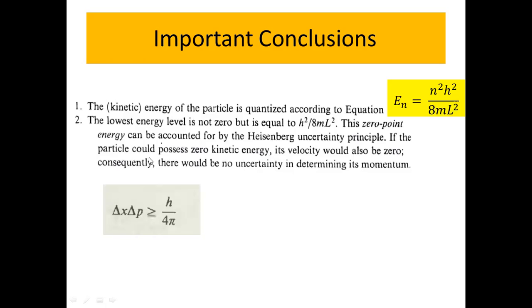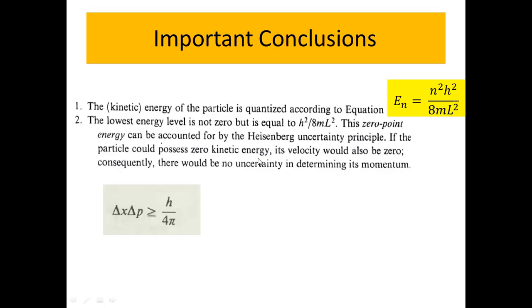Let's suppose the particle possesses zero kinetic energy. Then the velocity should also be zero because the particle is not moving. Kinetic energy is half m v square, and when the kinetic energy is zero, then the velocity would also be zero, and consequently there would be no uncertainty in determining its momentum, because momentum is mass times velocity.